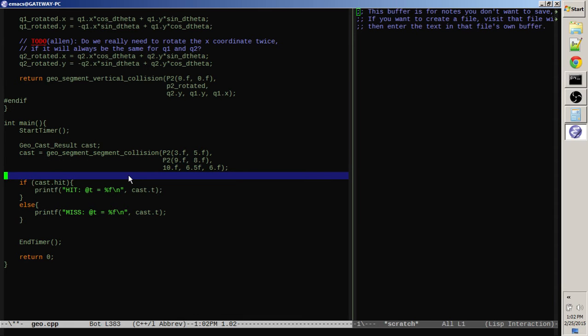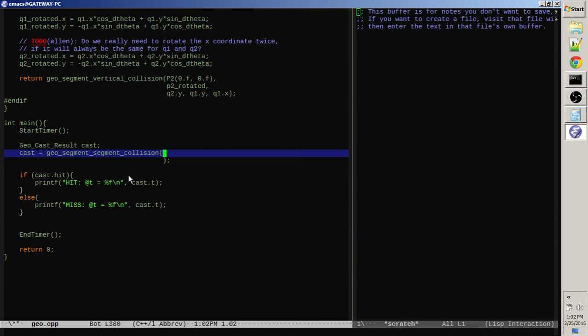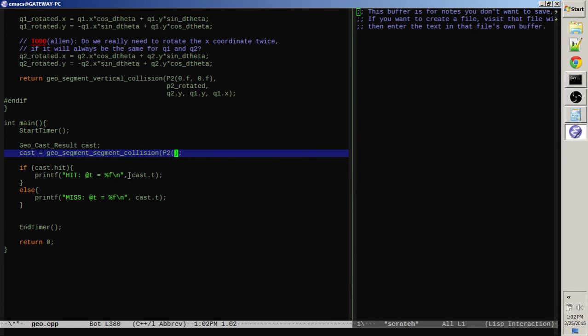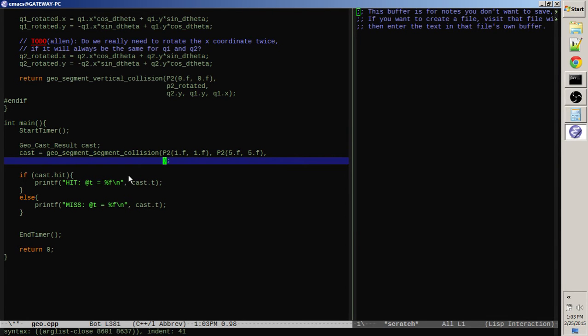And now we need to make a pair of segments. So we have one right there. Let's make another one. Well, actually, we're probably going to simplify all of them. So let's start with something really easy to think about. We'll go from the point 1, 1 to the point 5, 5, and then we'll have another one that goes from the point 1, 5, whoops, getting ahead of myself there, to the point 5, 1.